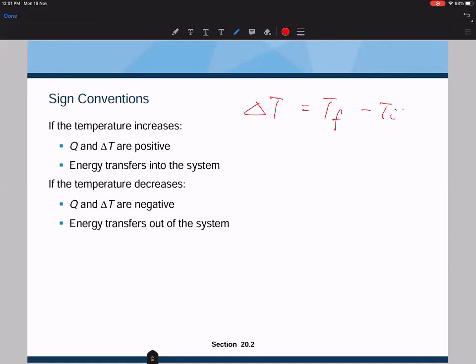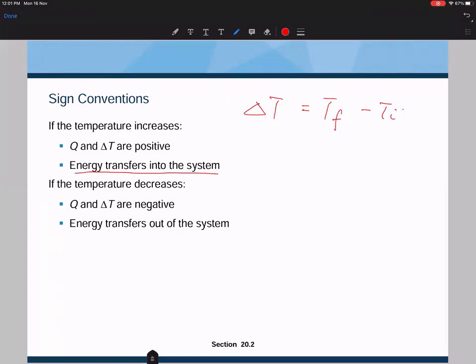If the temperature is actually increased, delta T is positive, and so would be Q. And something you would also notice later, if there is energy transfer into the system, the temperature is increased.